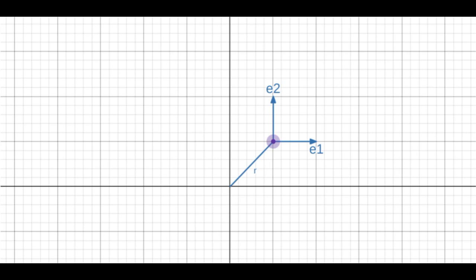And we're going to define an angle between the x-axis and this radius here. Now, since we have two things, a radius and an angle, we can define our basis vectors in the coordinates. So here is ER and here's E theta.